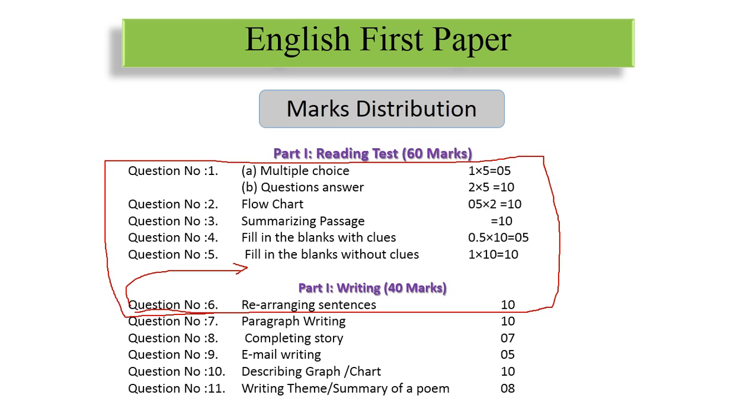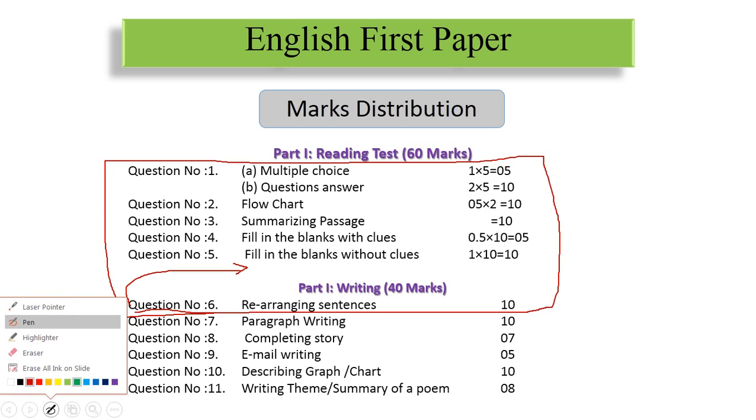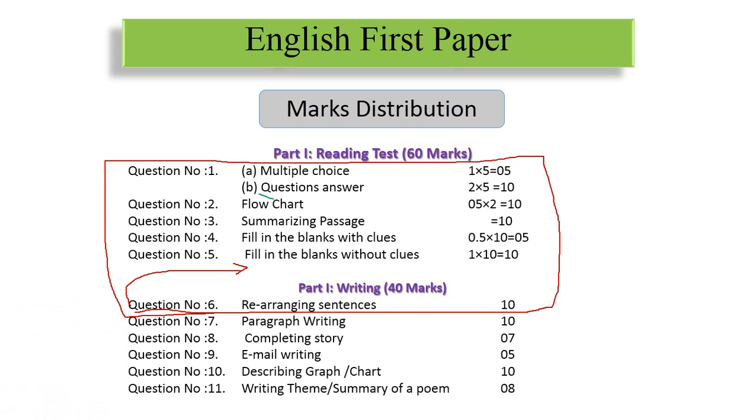If you cannot change the word and sentence pattern to answer the question, then you will not get 10 in 10. You get 3 to 4 or 5 marks in your answering question. So this thing is very critical.